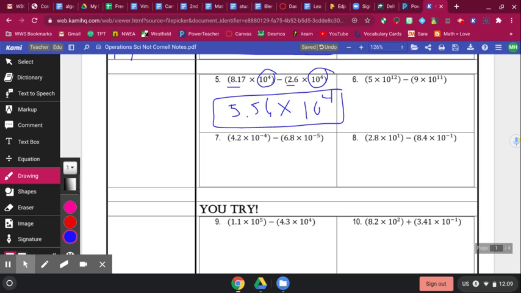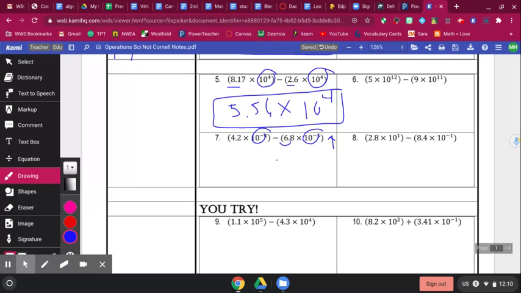Let's look at number 7. Number 7, I'm going to, again, adjust my exponent. I want to move it up, so I'm going to move it up so it becomes -4, which means I need to move this decimal one spot.